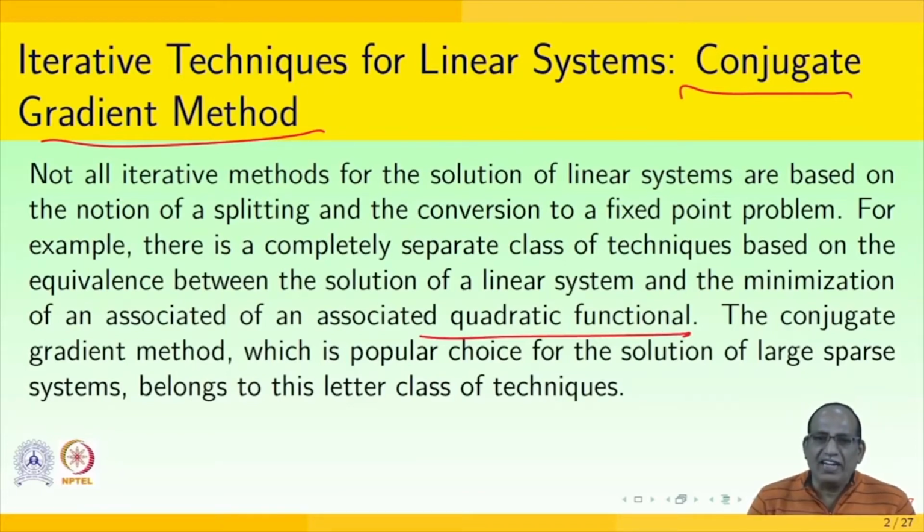The conjugate gradient method, which is a popular choice for the solution of large sparse systems, belongs to this class of technique. When I speak of sparse systems, that means zeros are dominant over non-zero entries.